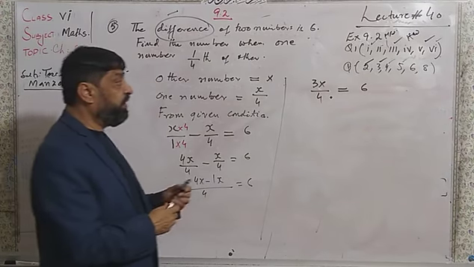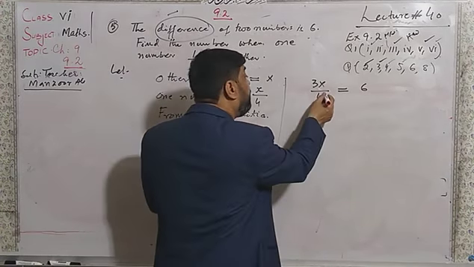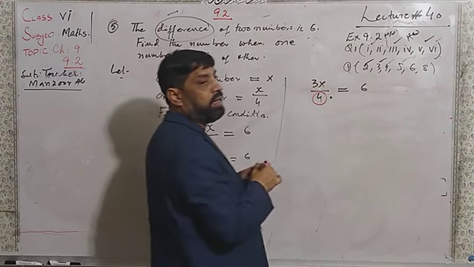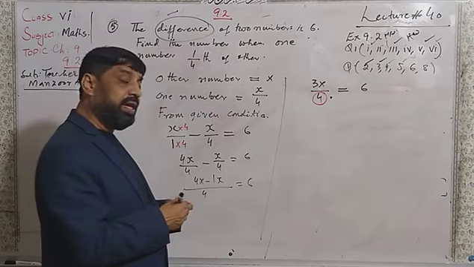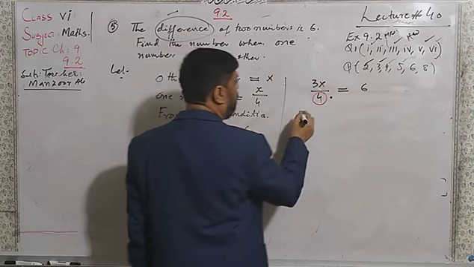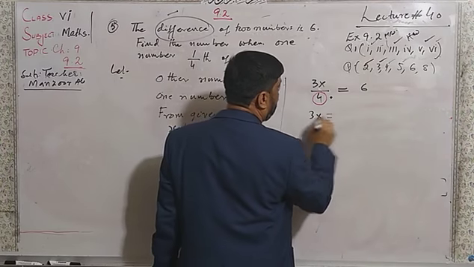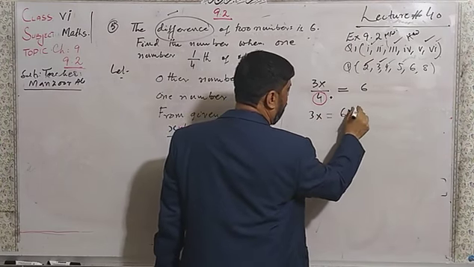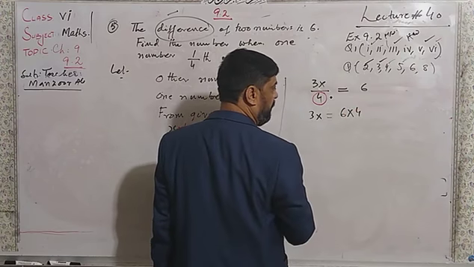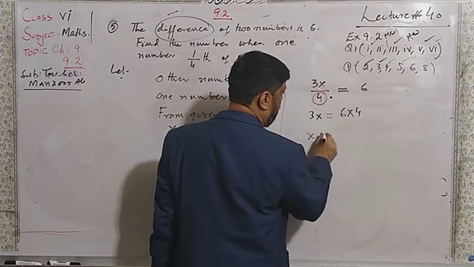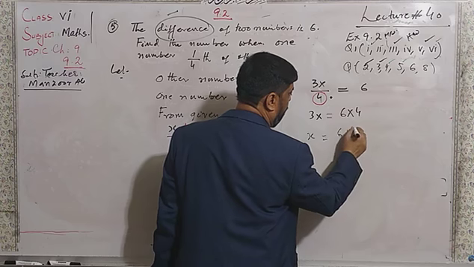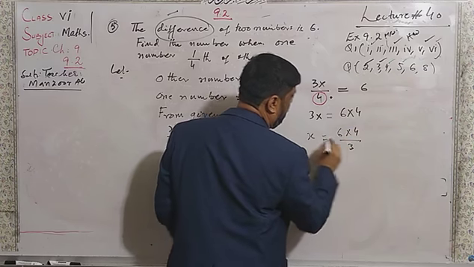Now you should be careful. First I will shift the division number, which is 4, then multiply last. This will be 3x equal to 6 multiplied by 4. Then I will shift the 3, so x is 6 multiplied by 4 divided by 3.